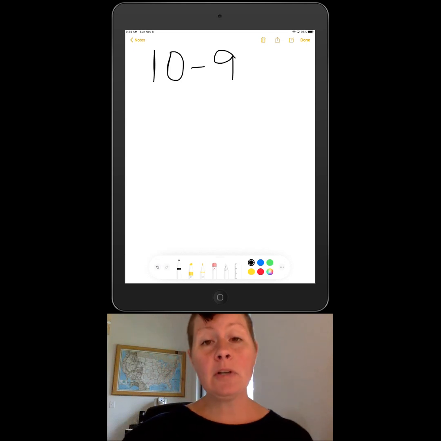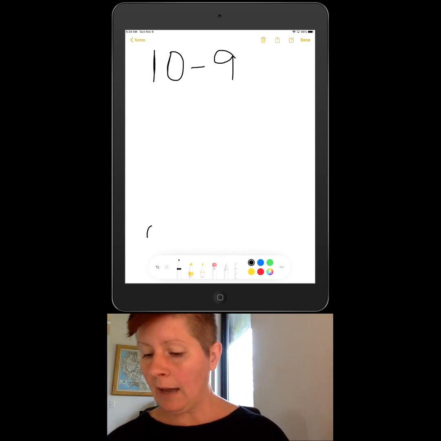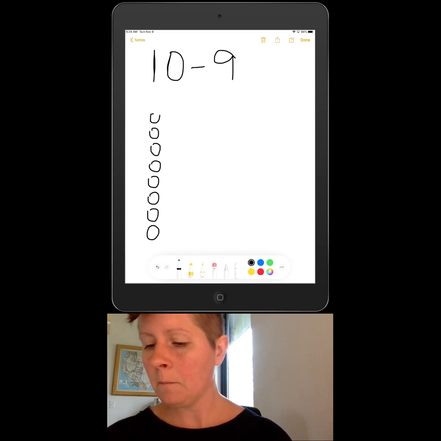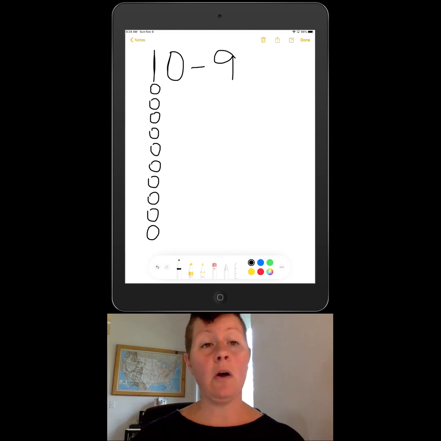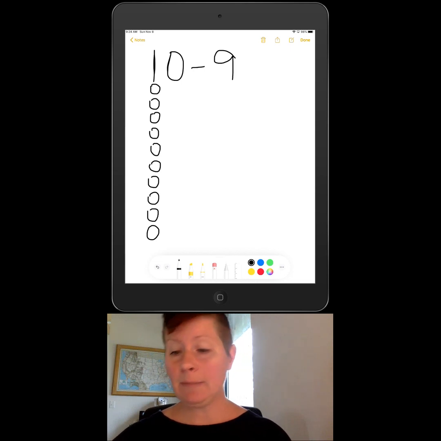Okay, if I were to draw that out as we were doing last week, I would actually draw 10 ones, and the reason I wouldn't draw a quick 10 or a 10 stick is because I need to take away 9, and I want to be able to see that.